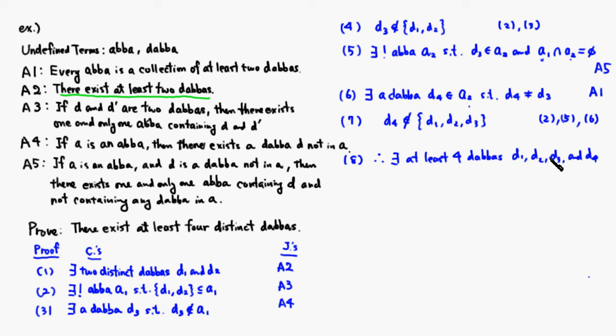I'm combining: line 1 tells you the existence of D1 and D2, and line 3 tells you the existence of D3. And then line 6 tells you the existence of a fourth daba. So that proves that there exist at least 4 dabas in this axiomatic system. That's it. I hope that this was clear.